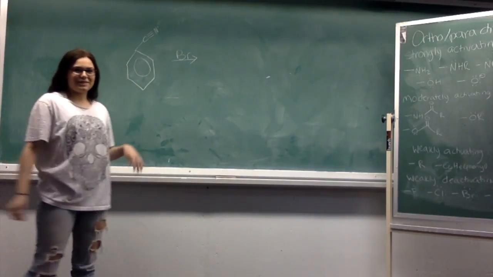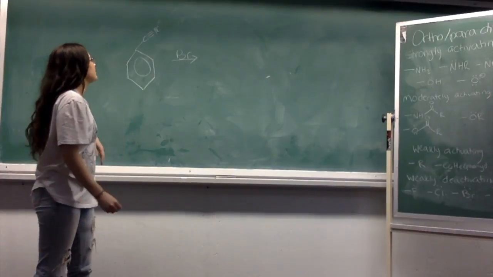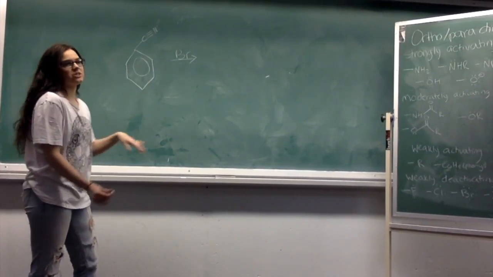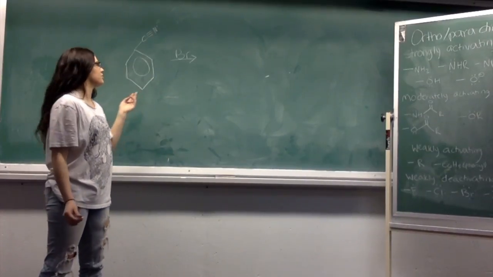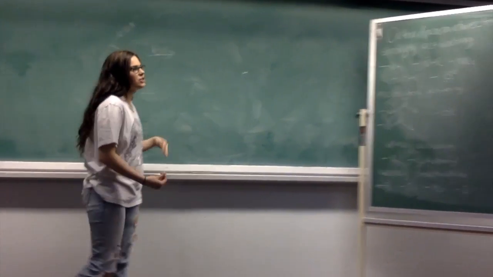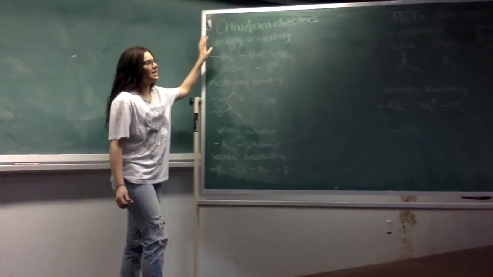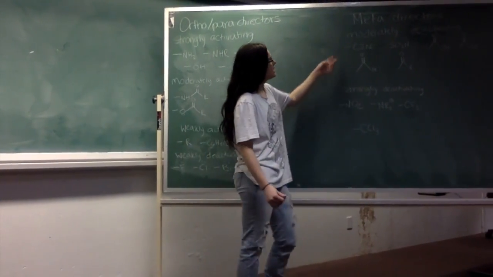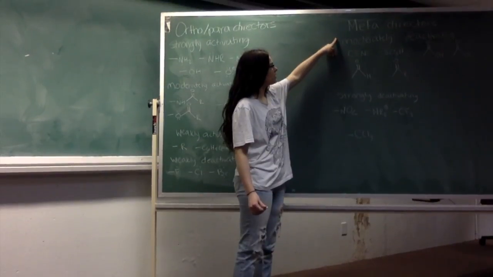So another example is if we have a benzene derivative with cyanide already attached, and we undergo the same reaction, which is going to put a bromine onto the ring. So then we go over to the chart again. You can see that it's not in the ortho-para directors. So we move on, and it's over in the meta-directors category.